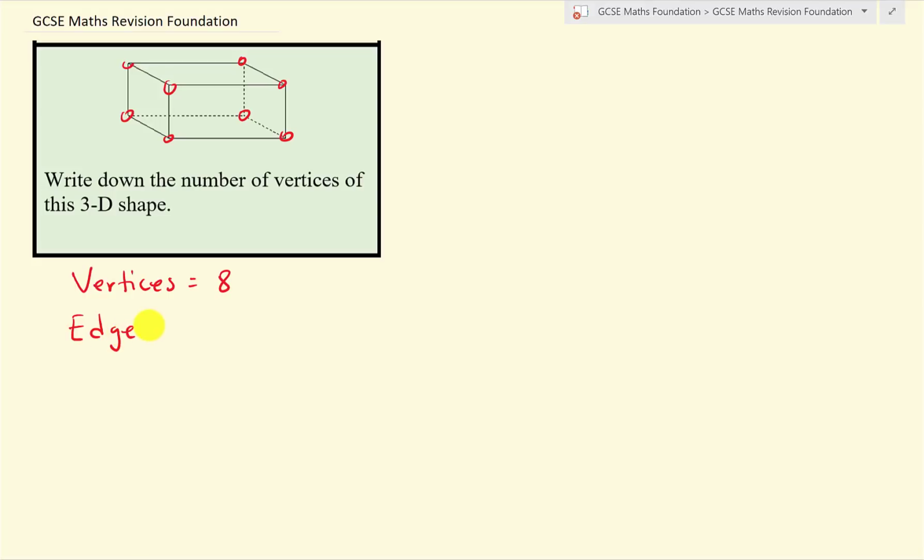So these are the edges. 1, 2, 3, 4, 5, 6, 7, 8, 9, 10, 11, 12. So 12 edges. And also faces. We have 1, 2, 3, 4, 5, 6. So the number of faces in this question is 6.